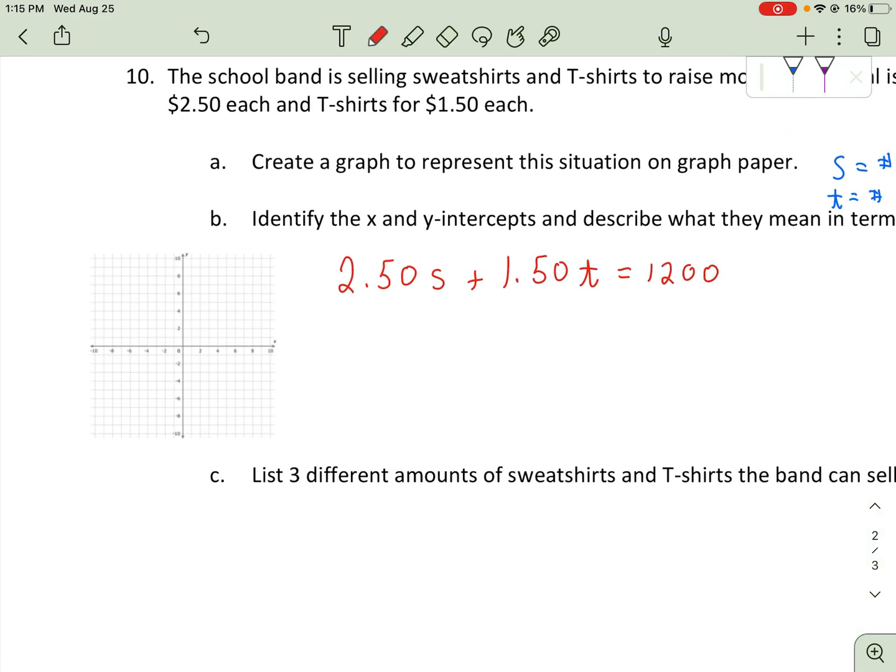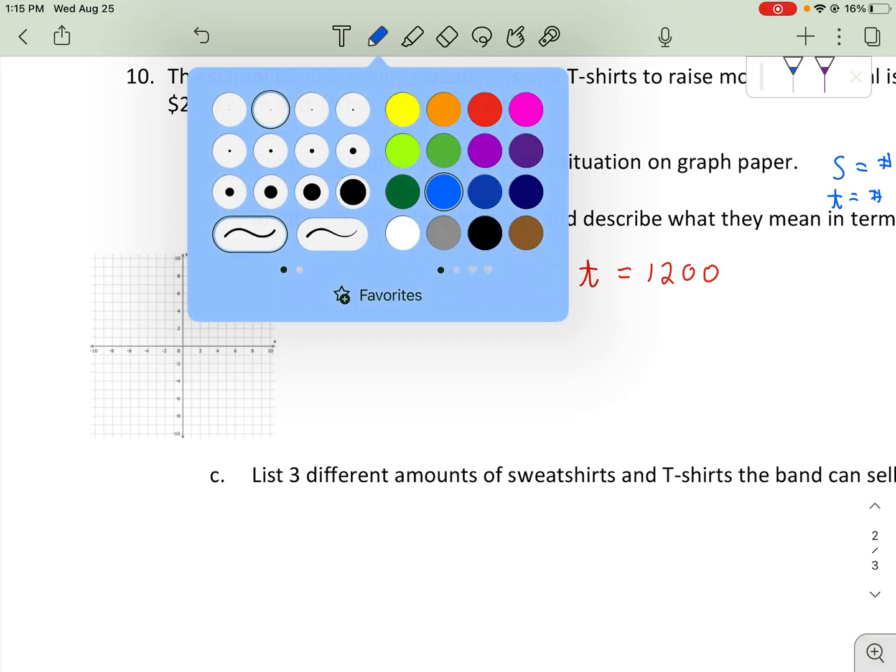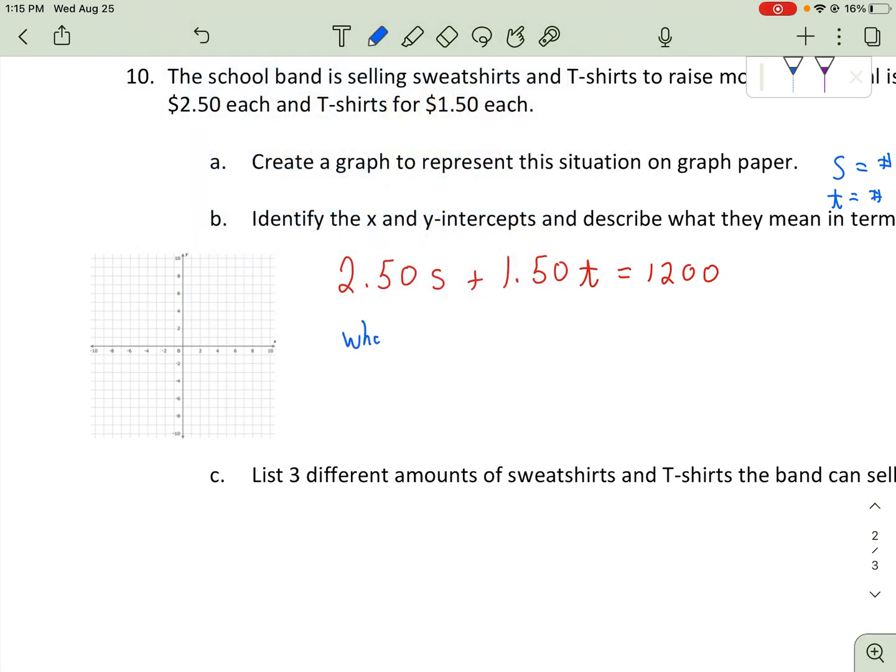So when s equals 0, we have 1.50t equals 1,200. So just divide 1,200 by $1.50, which you can use a calculator for, of course. So 1,200 divided by $1.50 is 800. So you get t equals 800.